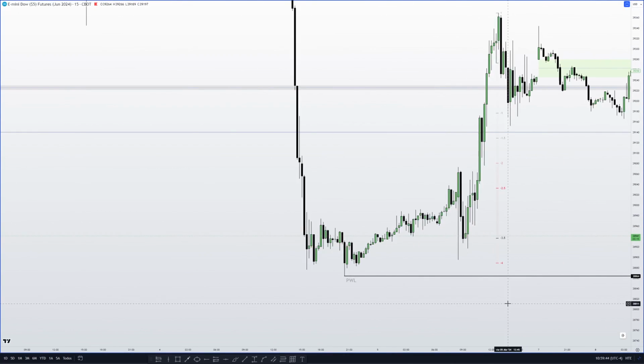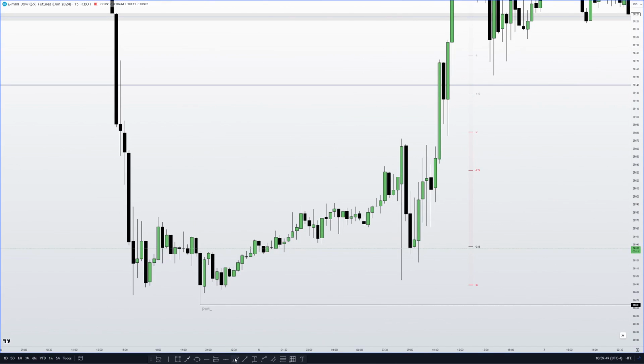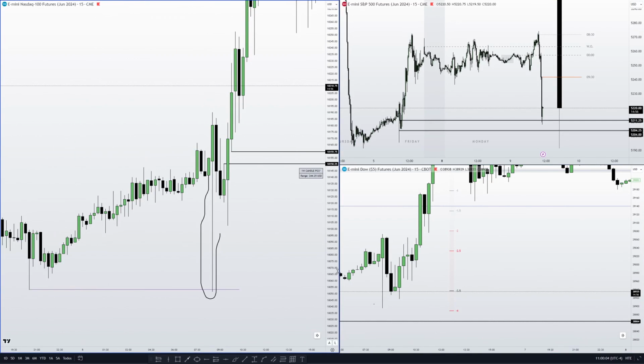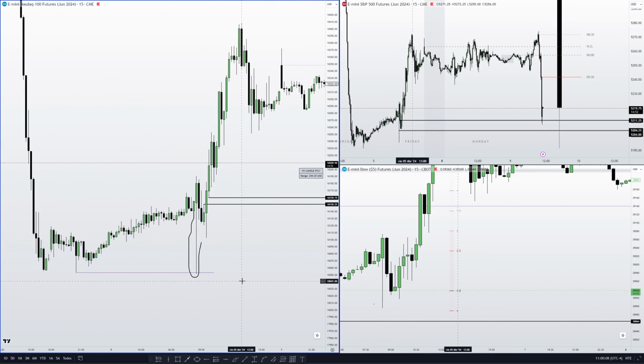Dow in this NFP relays, this candle, didn't take this previous weekly low, the Thursday low. So if price is in the monthly power of 3, in the development, probably this Nasdaq low taken is the low of the month.